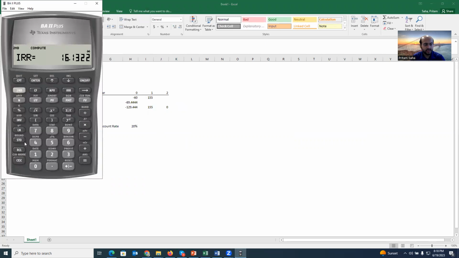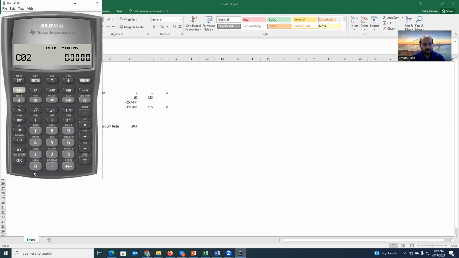Now, if we go to the calculator, clear, cash flow. What do you have? Cash flow 0, negative 129.44, enter. Cash flow 1, 155, enter.